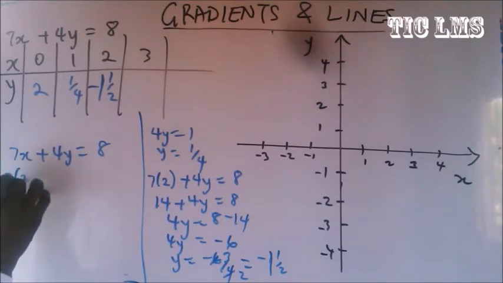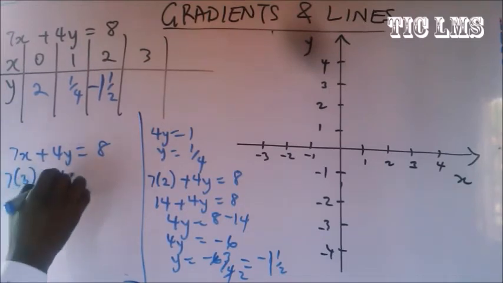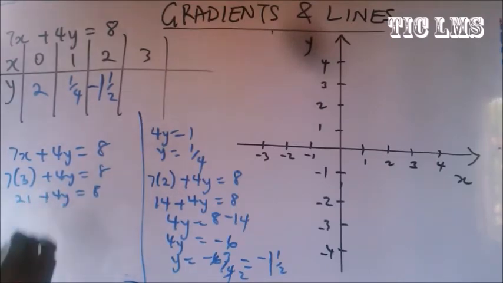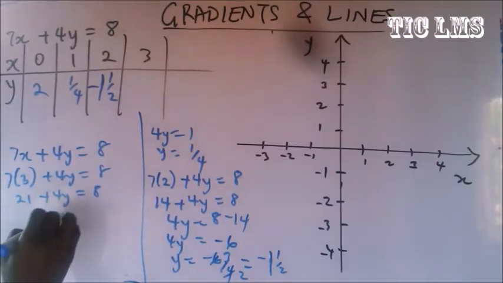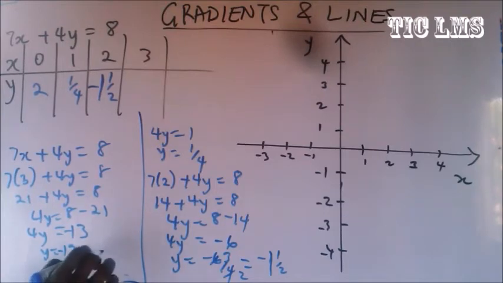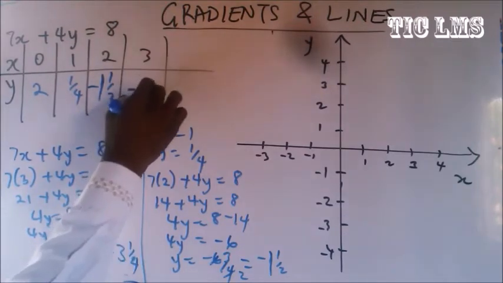So 7 into brackets 3 plus 4y equal to 8. So we have 21 plus 4y equal to 8. So we have 4y equal to 8 minus 21, and that leaves us with minus 13. That's minus 13 over 4, and that leaves us with minus 3 and 1 over 4.